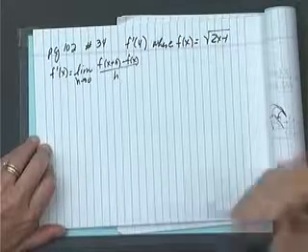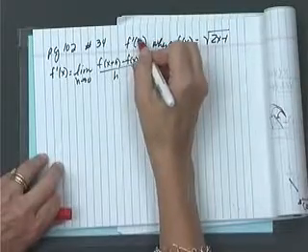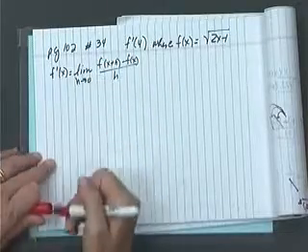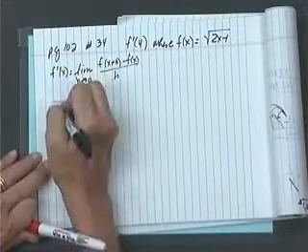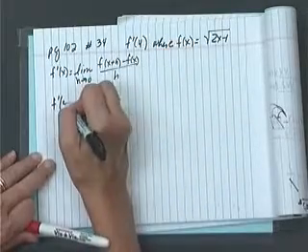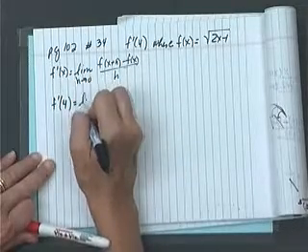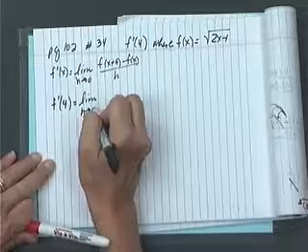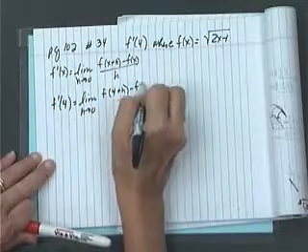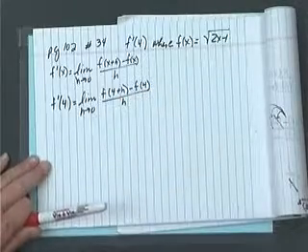But if you're actually using the limit definition of the derivative, you can get away with putting in the 4 immediately. You don't have to, but this is a little bit shorter way of doing it. We can put the 4 in because the 4 corresponds to the x. And I'll have the limit as h goes to 0, f of 4 plus h minus f of 4 over h. All right?